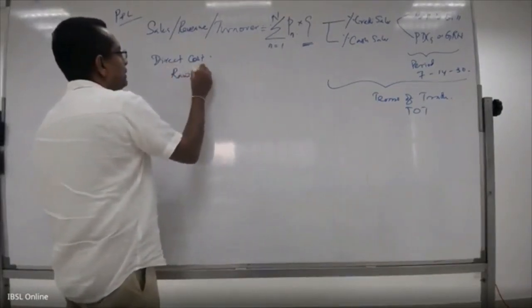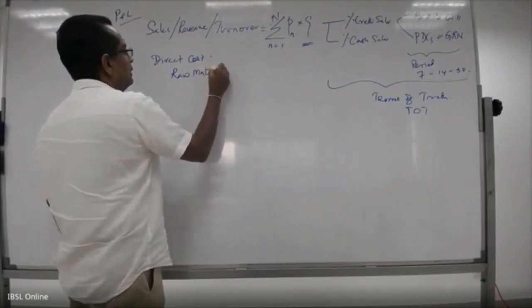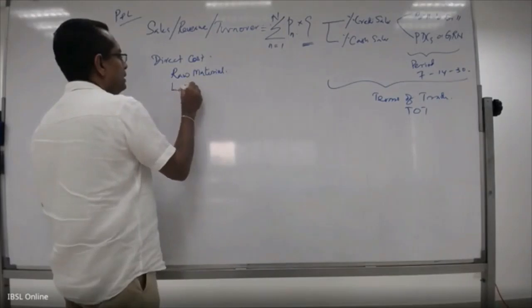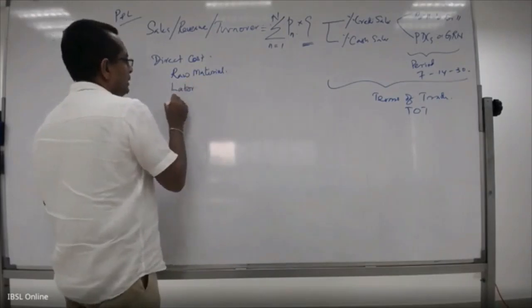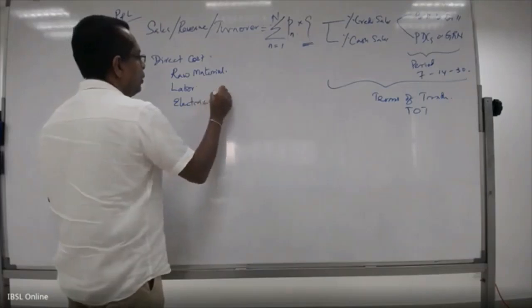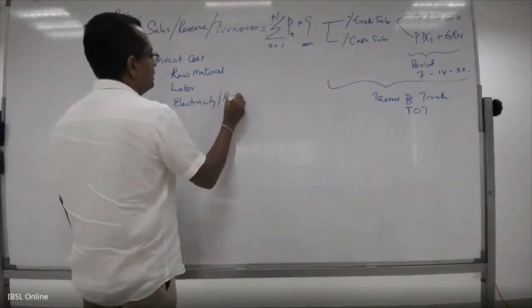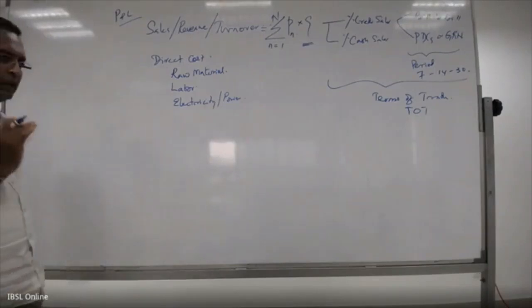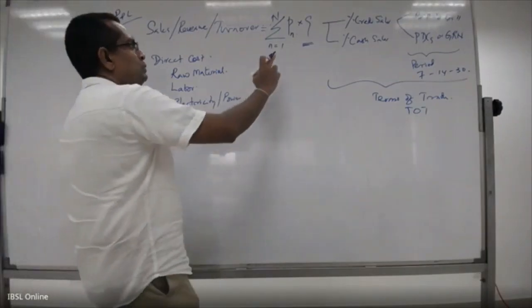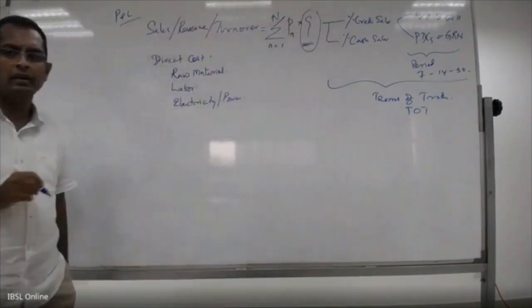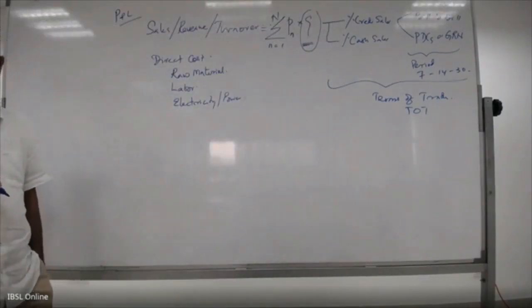Raw material, labor, electricity, or power. This is your direct cost. Any cost which will change with the quantity you sell or produce is called direct cost.